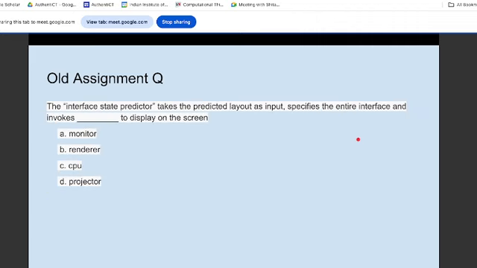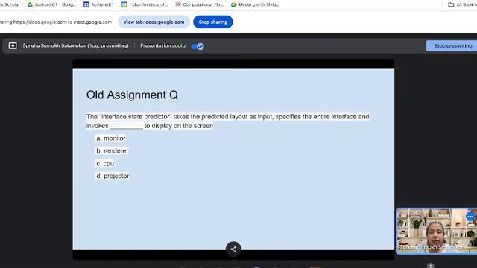Another old assignment question. The interface state predictor takes the predicted layout as input, specifies the entire interface, and invokes dash to display on screen. So what does interface state predictor take?